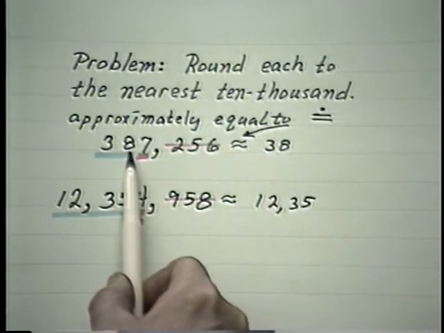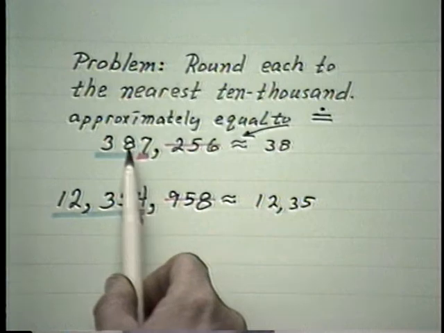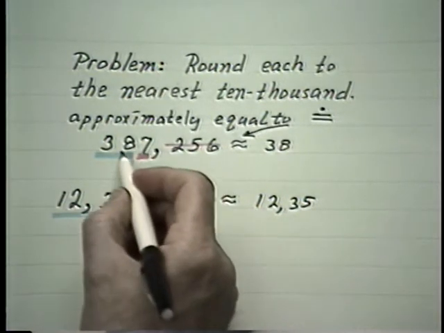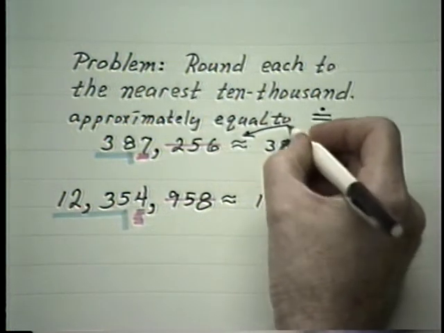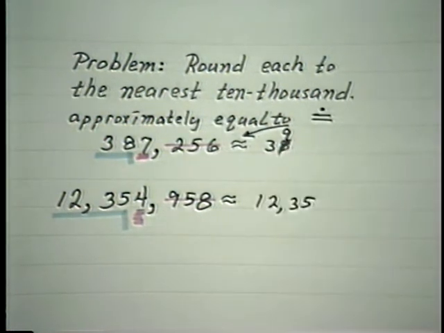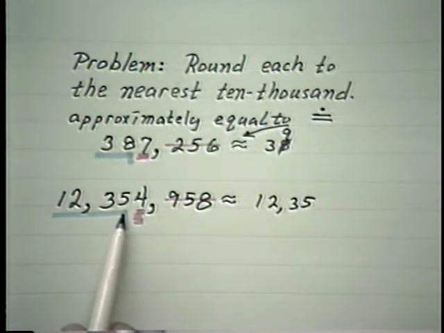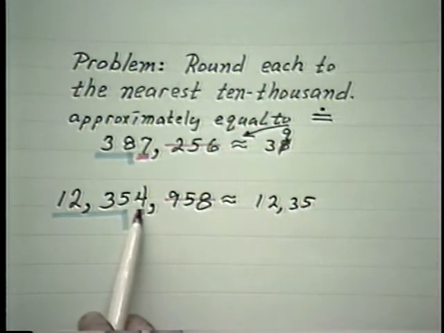In this case, the digit immediately to the right of the round-off position is 5 or more, so I will round this up, which means that this 8 gets changed to 9. Now, in this position down here, the digit immediately to the right of the round-off position is not 5 or more.